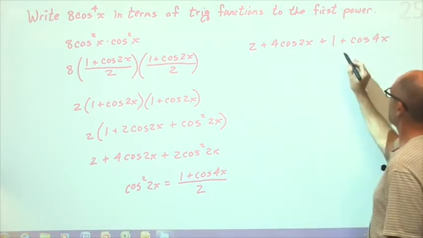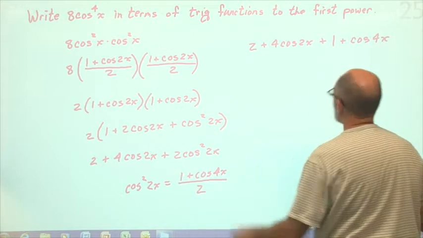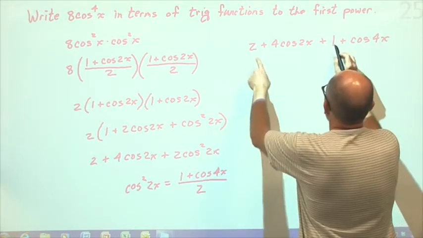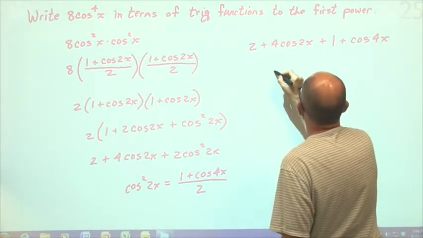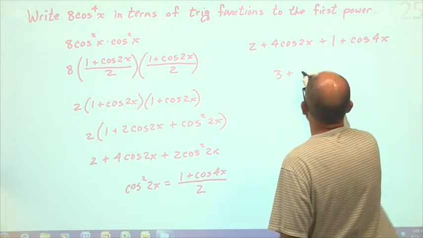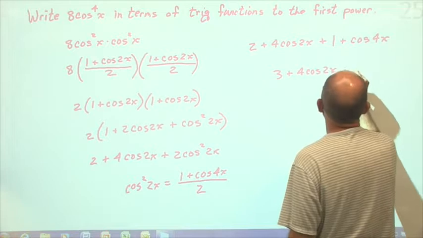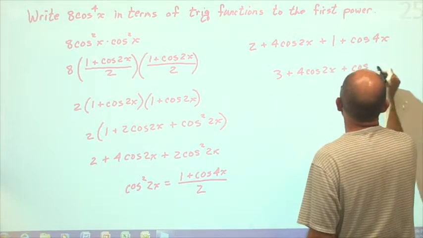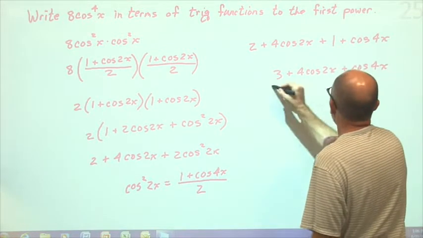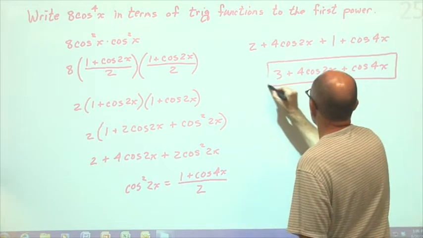See, so all we did was cancel the 2 over 2, and now we just add up the 2 plus 1 is 3, plus 4 cosine 2x plus cosine 4x. And that is our final answer.